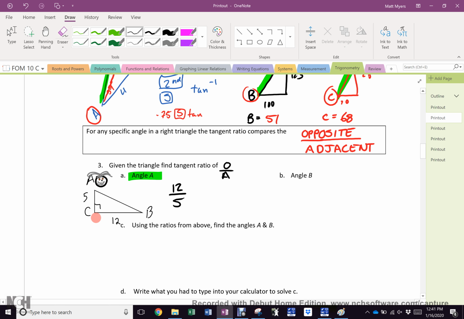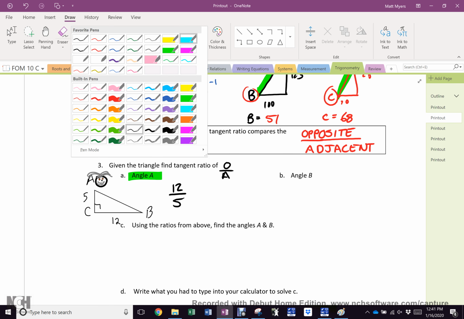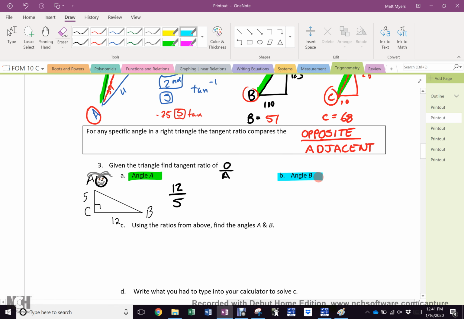I am up there at A right now for this question, yes? What has happened over here? Where am I now? I'm at angle B, so I am going to slide down the triangle to here. What is the tan of B? Well, tan is always opposite over adjacent, so what is opposite to B? 5.